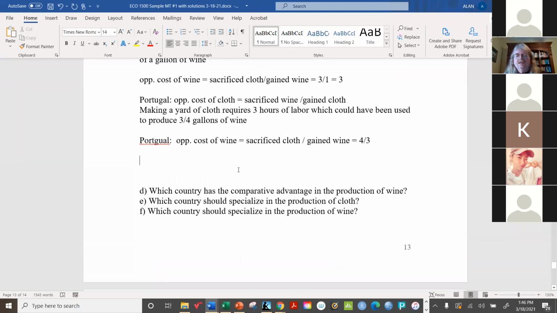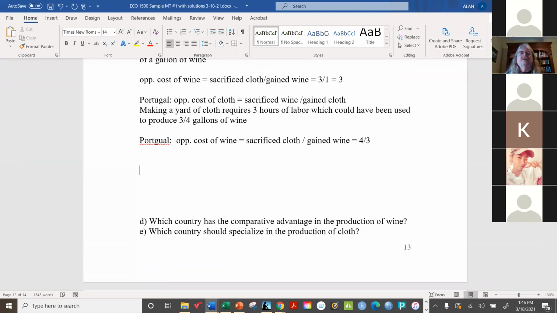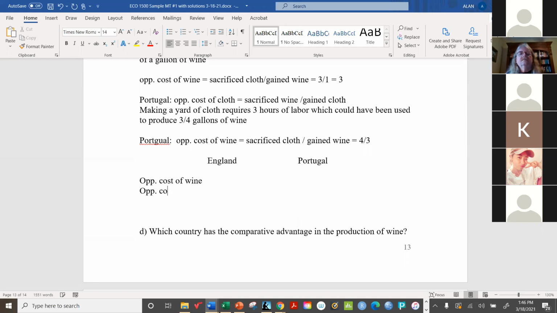Okay, so let me just put together a quick little chart here. It's so much easier to see it all side by side.